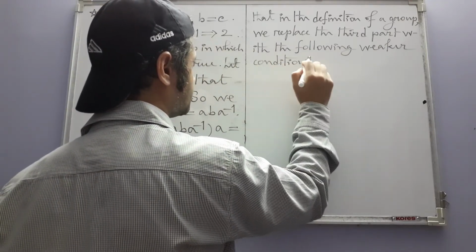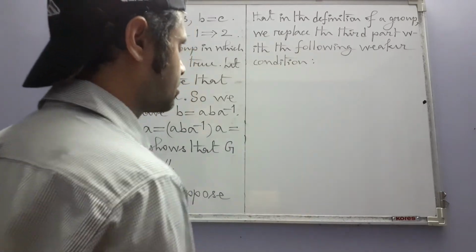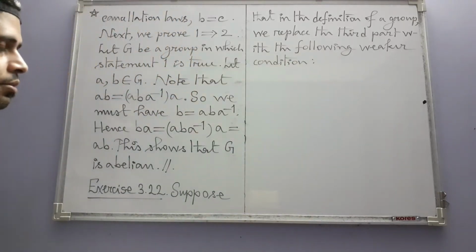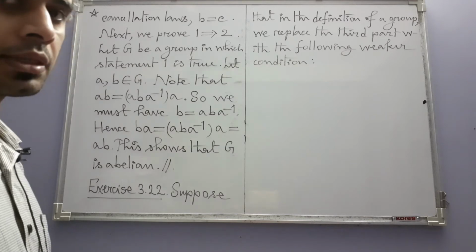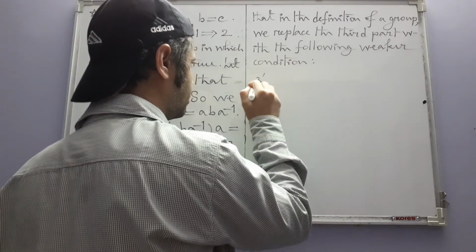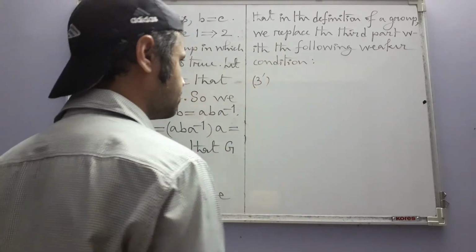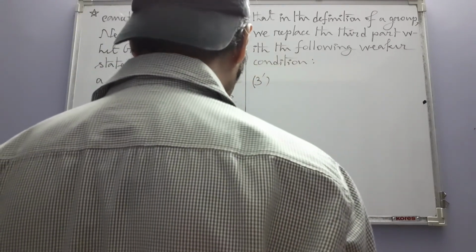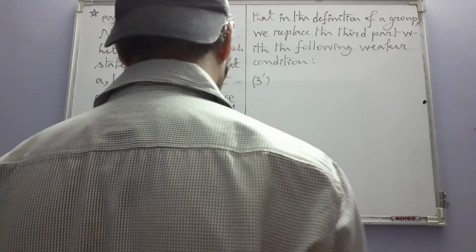In its place, we are going to assume a sort of existence of a partial or one-sided identity. So we call it 3 prime, the alternative third condition.